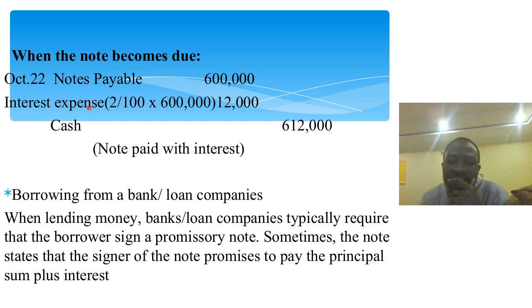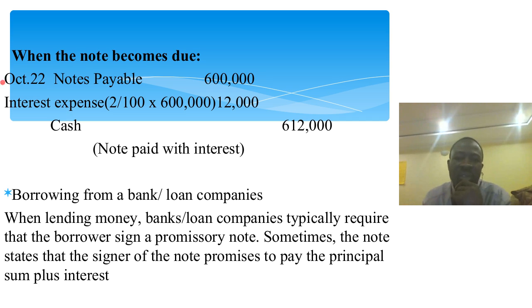So the interest that will be paid will not be 12%, because the 12% is the interest for a whole year. If 12% is charged for a whole year, it means that on a monthly basis Apex Company is charging 1% on the note for every month.